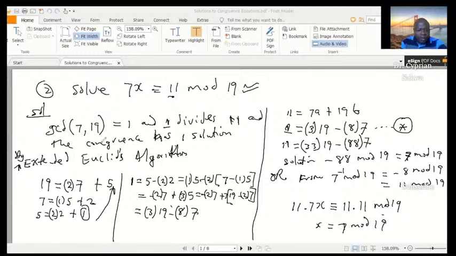Now, good. So I've used extended Euclid's algorithm. I can also use another method, Fermat's little theorem, to find the inverse, and proceed as I've done here.